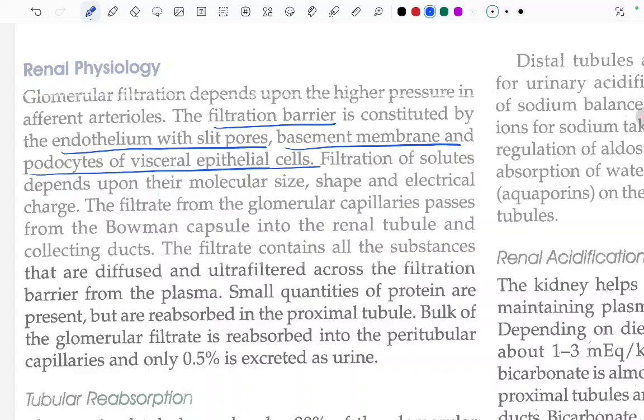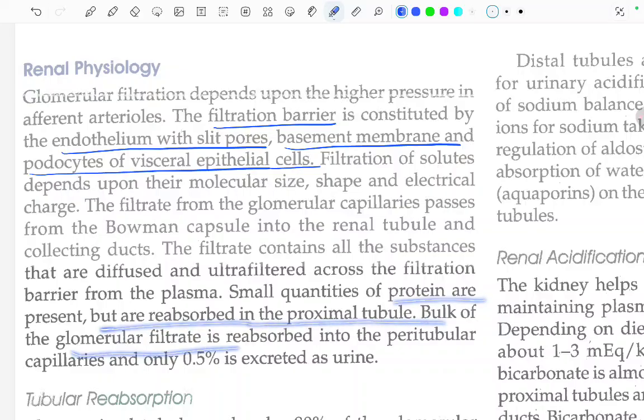Filtration of the solutes depends upon their molecular size, shape, and electrical charge. The filtrate from the glomerular capillaries passes from the Bowman's capsule into the renal tubule and the collecting duct. Fine. The filtrate contains all the substances that are diffused and ultrafiltered across the filtration barrier from the plasma. Small quantities of proteins are present, but are reabsorbed in the proximal tubule.